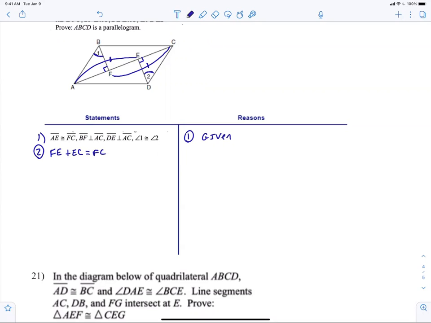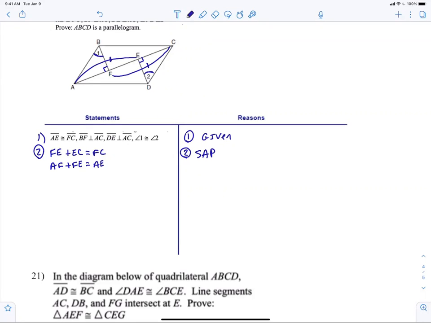And then we might as well go ahead and say AF plus FE equals AE. And that's again what? Segment addition postulate. Thank you.